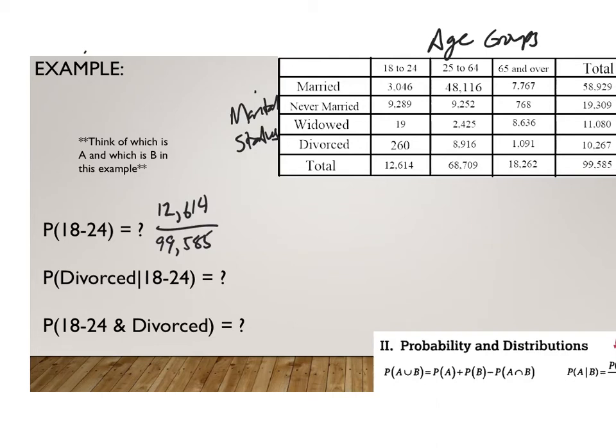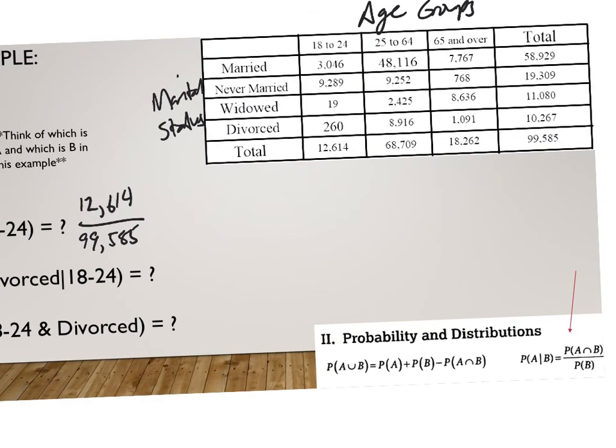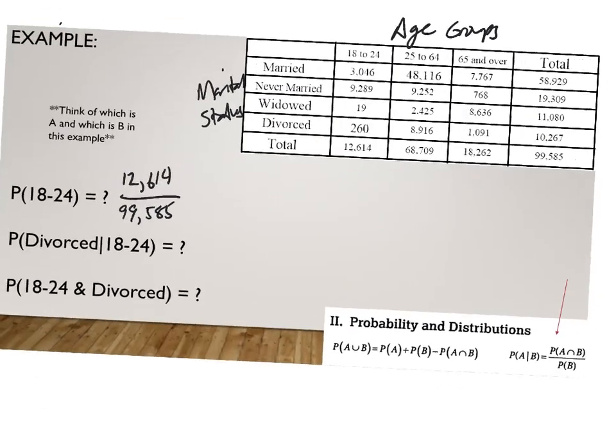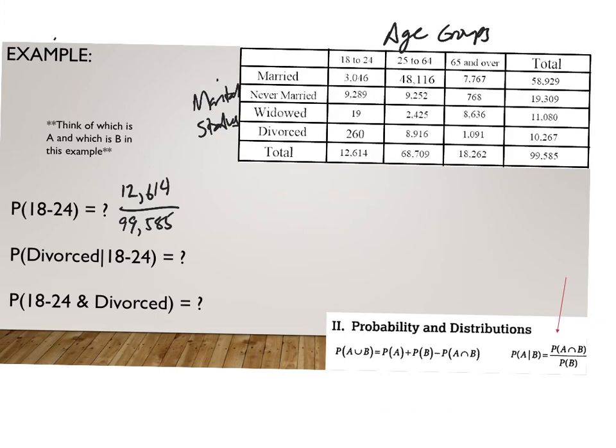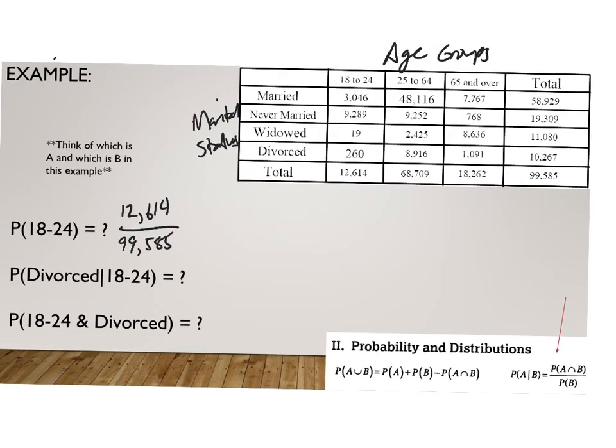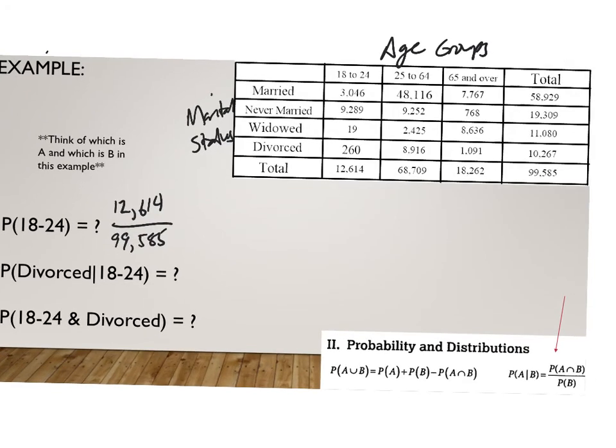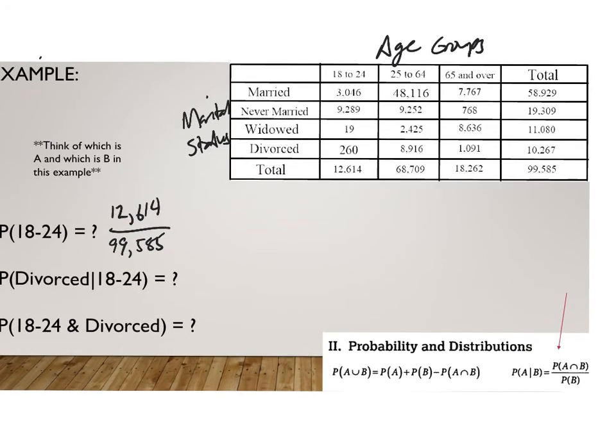And now if we look at divorced given 18 to 24, we think about this in terms of our formula. Our formula here was A given B in this formula down here.